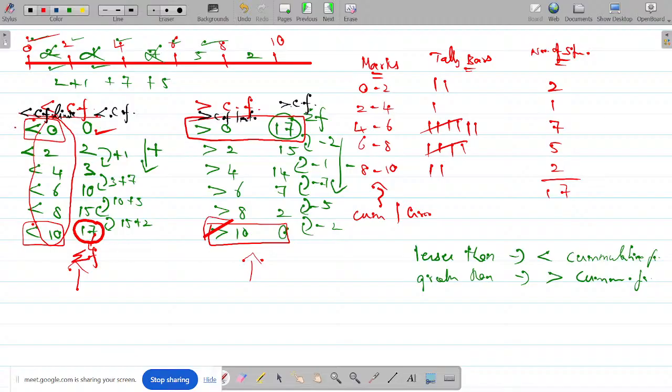So this one happens to be lower class boundaries and all here happens to be upper class boundaries. Okay. Sorry, not this one. This is the upper class boundary because we are not going to consider 0 at all. And this is the lower class boundary. Is it okay? So please make a note of it. With this, we are going to go for further graphs.